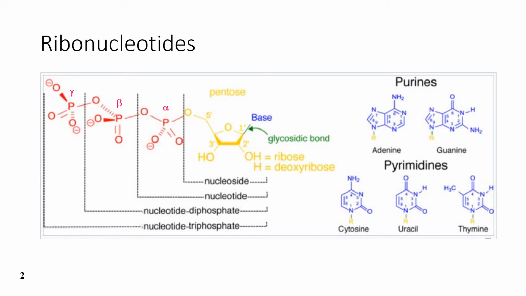And the phosphates are also designated with Greek letters, the alpha phosphate being the closest to the pentose sugar, the beta being the one in the middle, and a gamma phosphate being the one furthest from the pentose sugar in a nucleotide triphosphate.